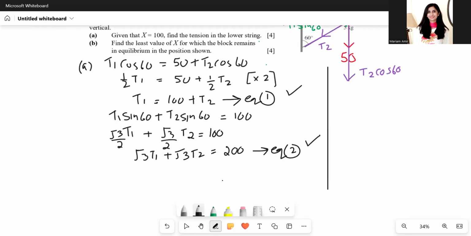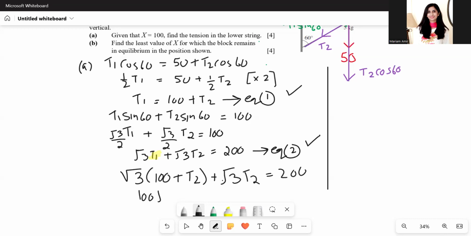I'm going to replace this T1 with 100 plus T2. So root 3 times (100 plus T2) plus root 3 T2 equals 200.